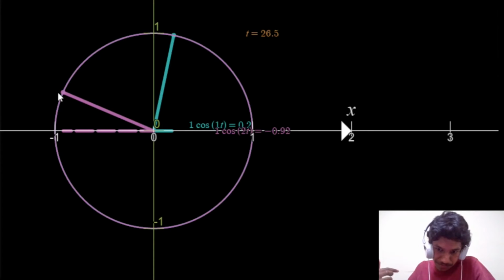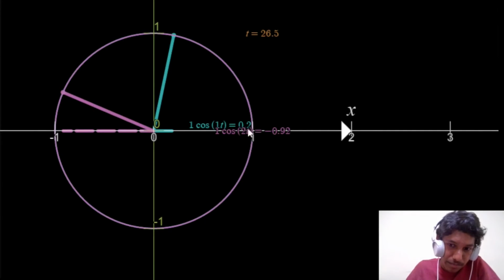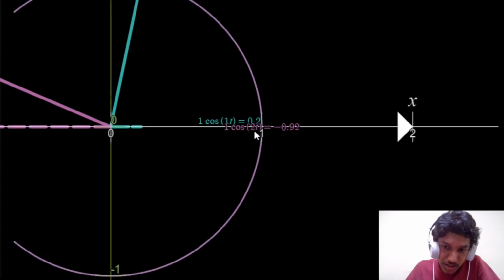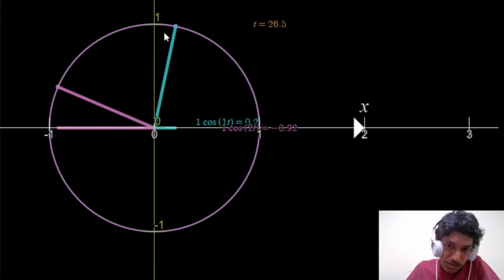That means it's going to take half as much time to go around a full circle, because a full circle means period. So the period decreases by a factor of 2. While the period of the blue one is going to be 2 pi, the period of the purple one will be pi.